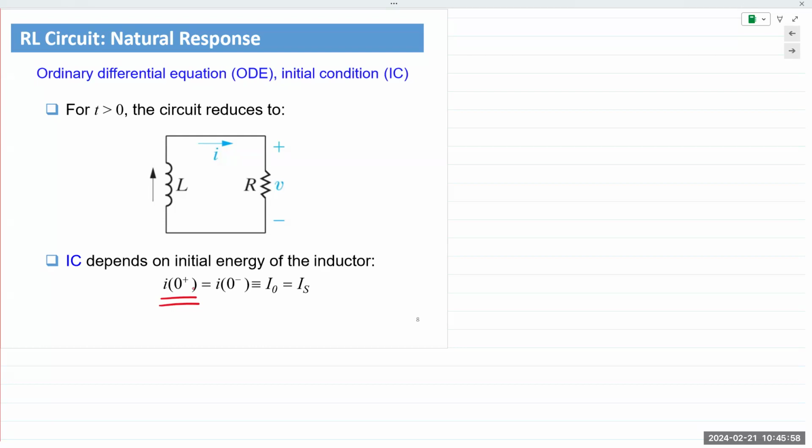So I(0 plus) is equal to I(0 minus), which we refer to as Ii or I0, the initial current, or the current at time t equals 0. Either notation is fine. And that initial current had a value equal to the source current Is.